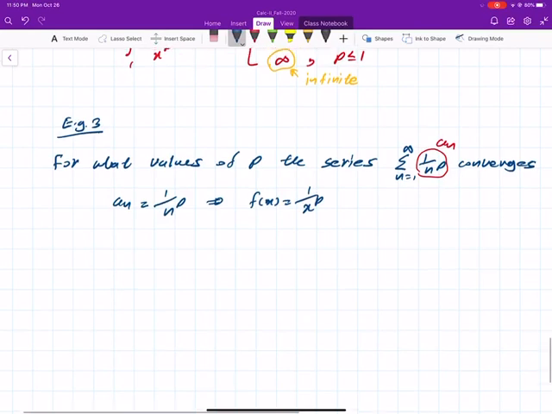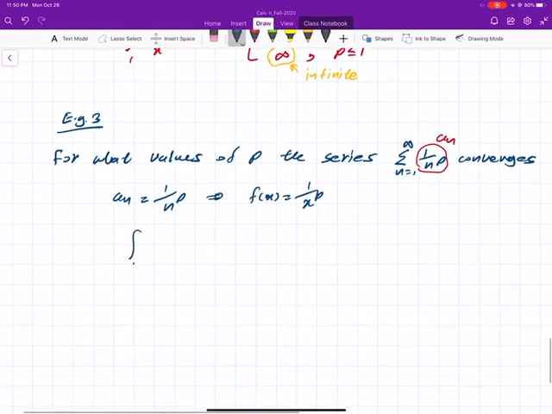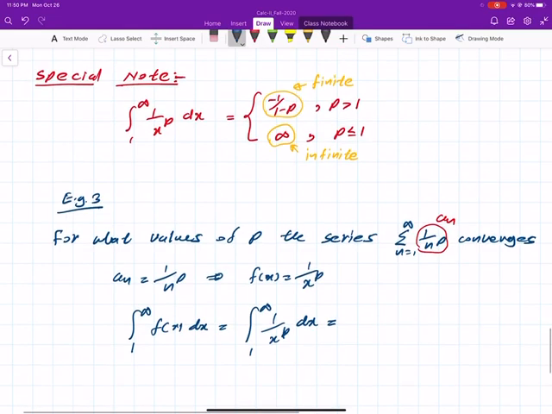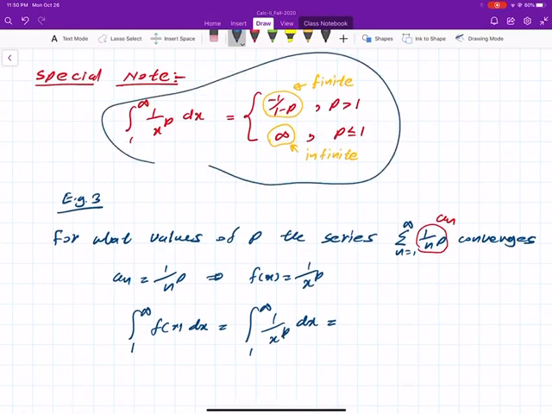All right, now you have to get the integration of this, integration from 1 to infinity f of x dx, which is integration from 1 to infinity 1 over x to the power p dx. Okay, this integration is given right here. So it's an easy problem because this integration is given as a special note.